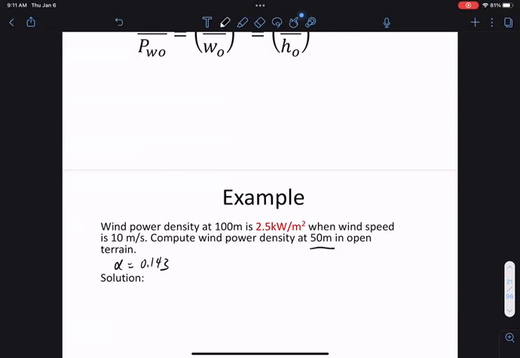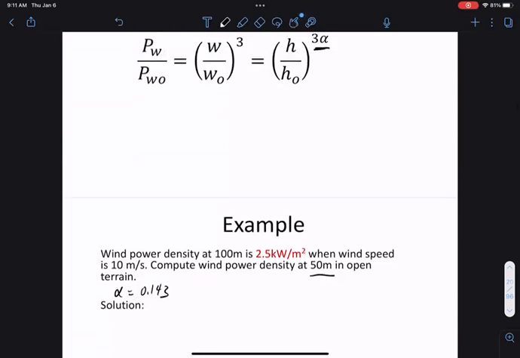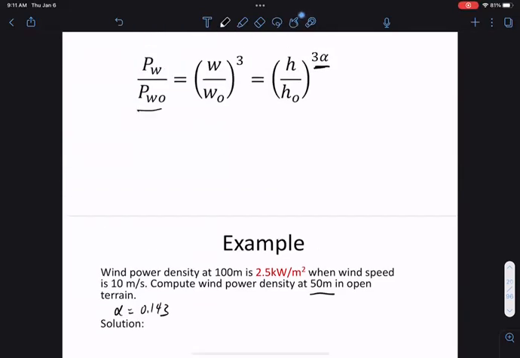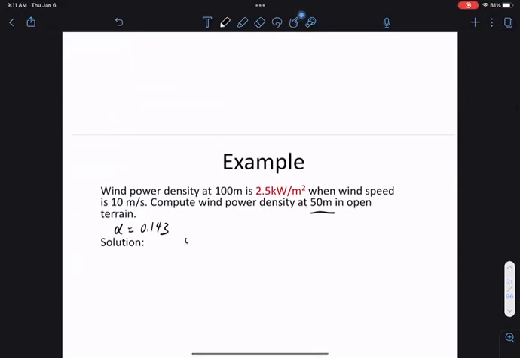All right, so this kind of question is very simple to do, because if you look at all the equations, the ratio of power is equal to h over h naught to the power of 3 alpha. And then the power density follows the exact same relationship.